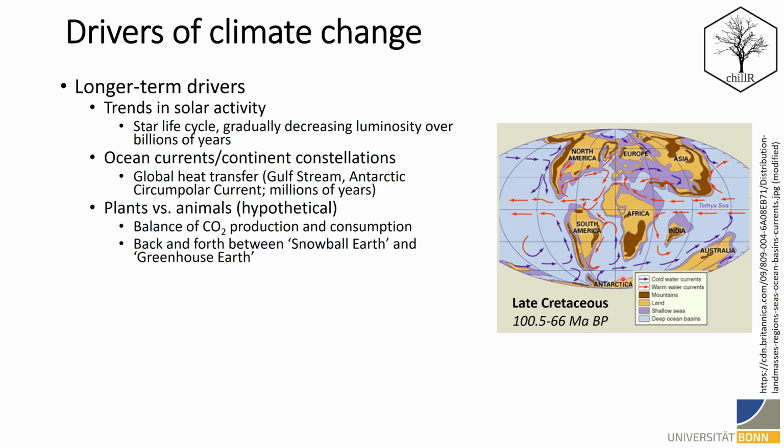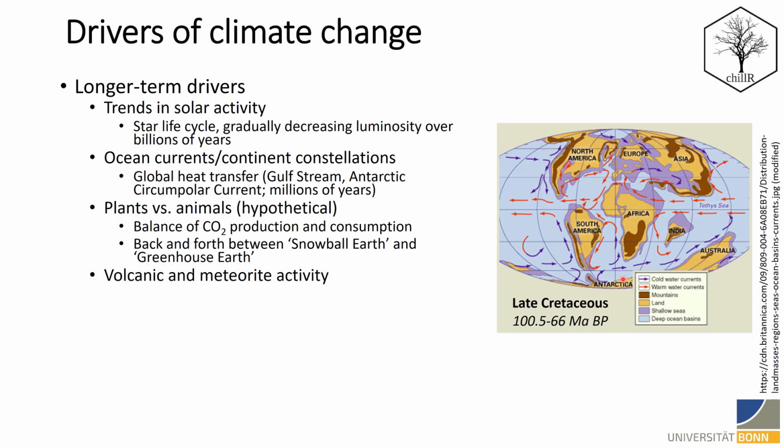So basically a few times there was a flip back and forth between a planet that was basically frozen solid, and a situation directly after and before it where you had coral reefs growing in what seems like the whole planet basically. So very warm, balmy conditions, and then again flipping back to the snowball state. So it's quite possible that this balance between the organisms hadn't quite established at that time.